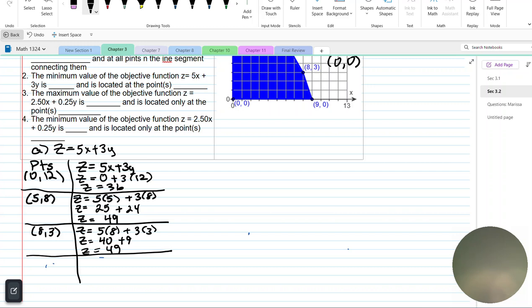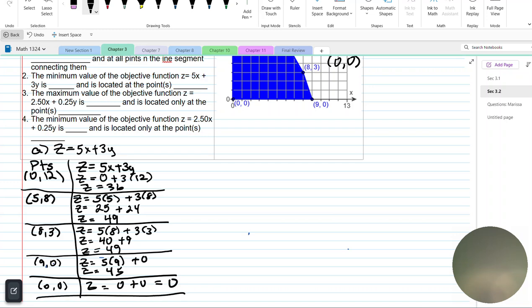Then I have 9 and 0 equals 5 times 9 plus 0. That's 45. Not shabby at all, is it? And of course, our 0, 0. That means we don't do any work. So that's 0.